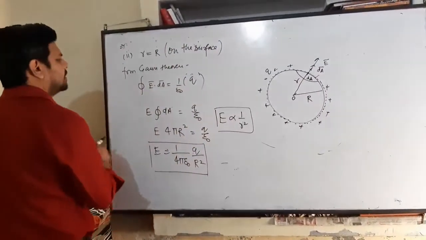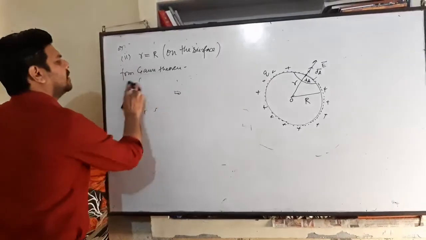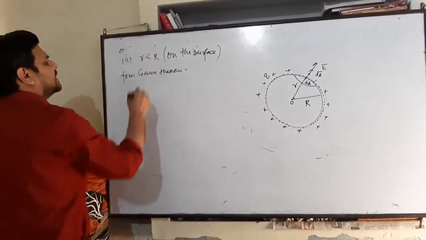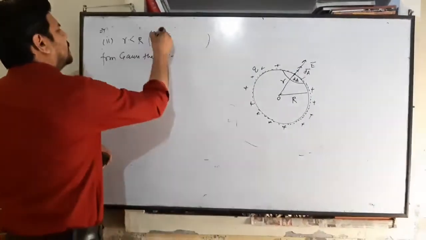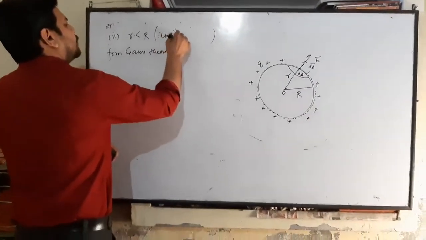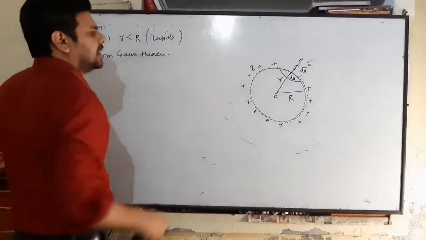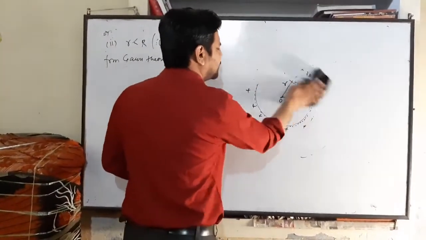Now we will take the third case. Let r be less than capital R. Now the observation point is inside the sphere. I will again draw this figure.